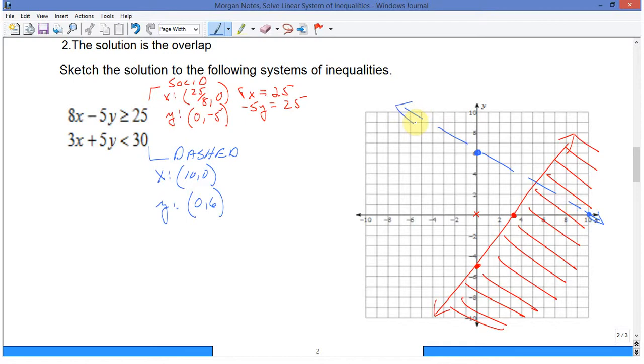Let's see what side to shade. So I'm going to plug 0, 0 into this equation. 0 plus 0 is less than 30. So the point 0, 0 there, that would be shaded.